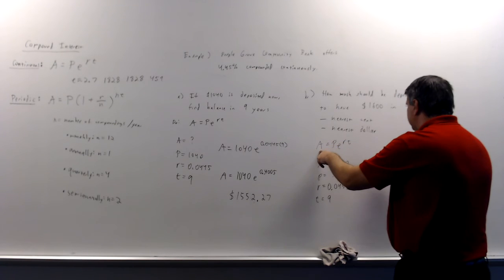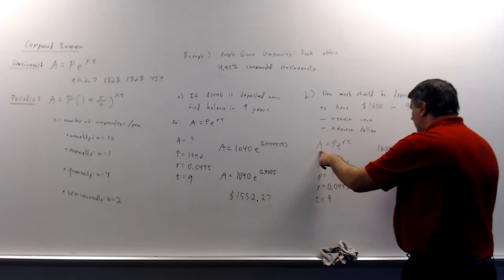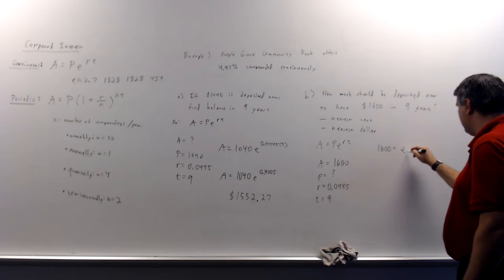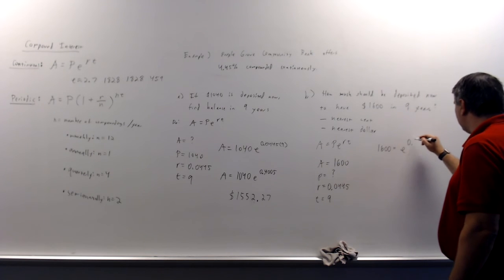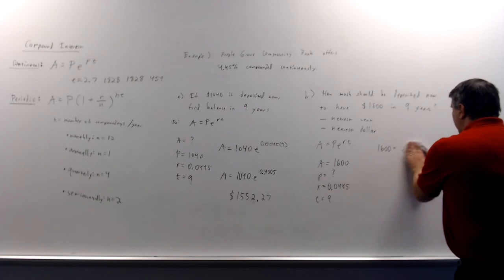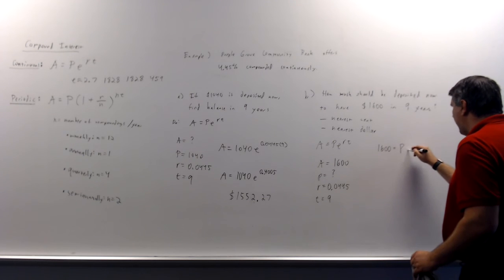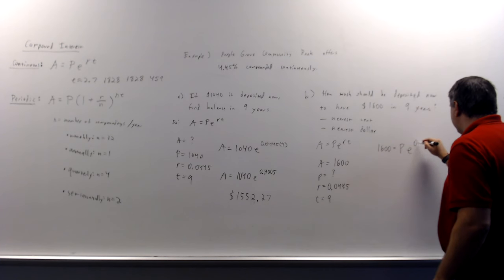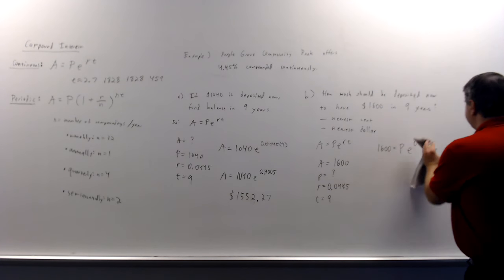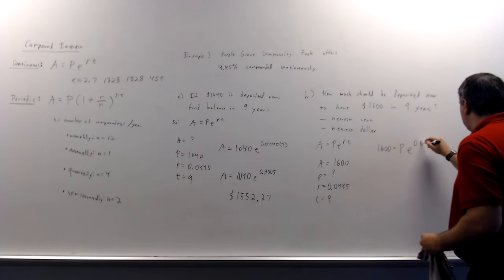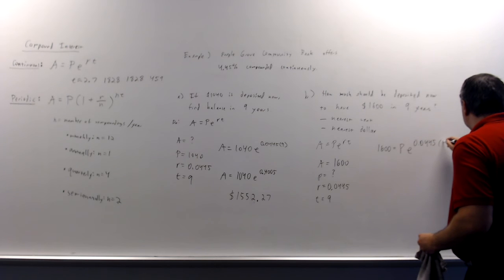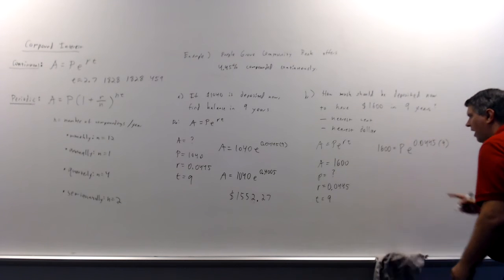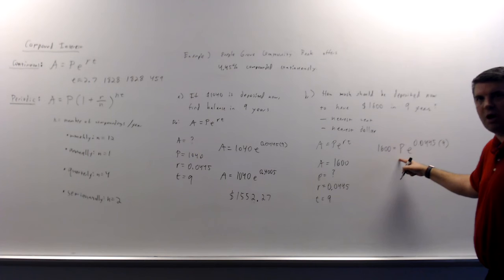So I want to know when 1600 will equal P times e to the 0.0445 times 9th power. That is my unknown. That is what I'm solving for.